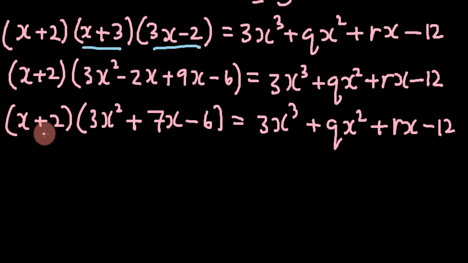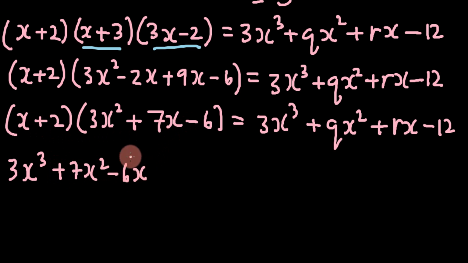We can multiply each term in the first set of brackets here by each term in the second set of brackets. So x times 3x squared, x times 7x, x times -6, then 2 times 3x squared, 2 times 7x, and 2 times -6.